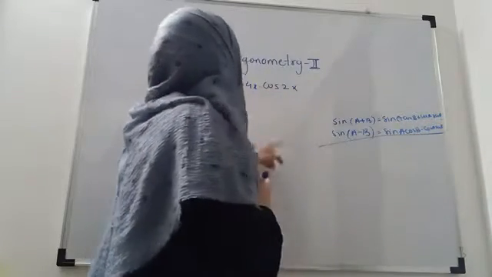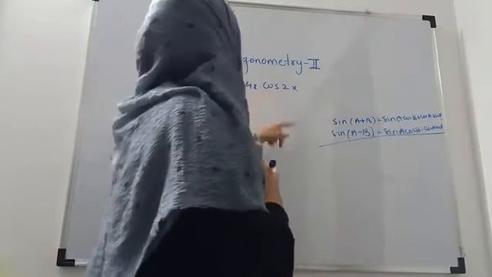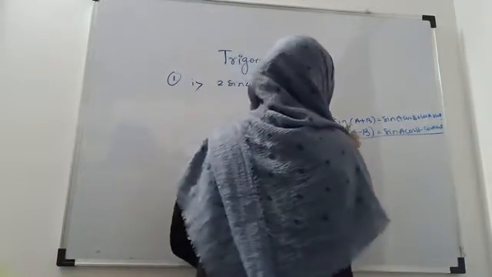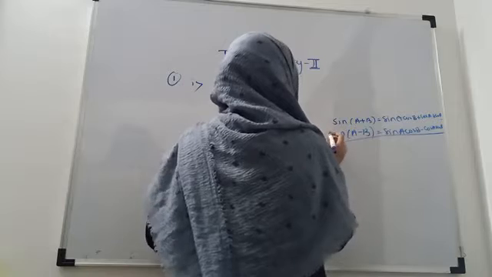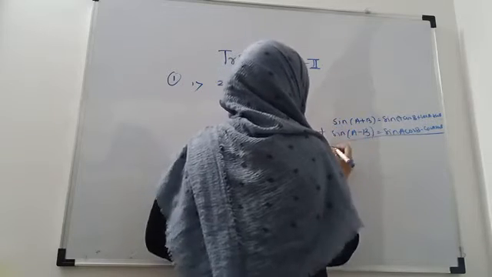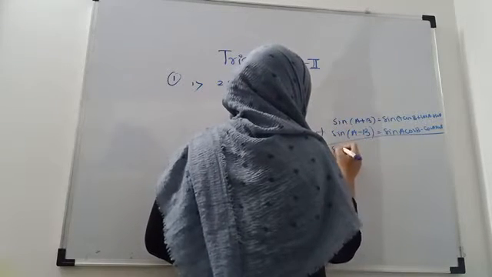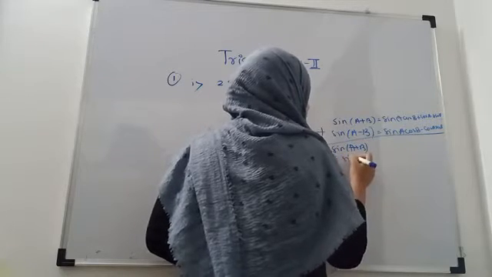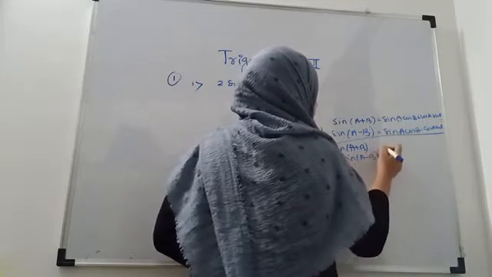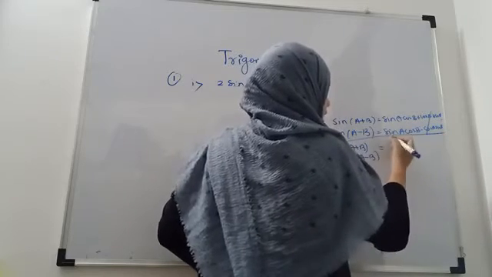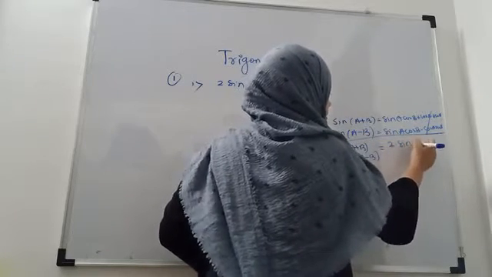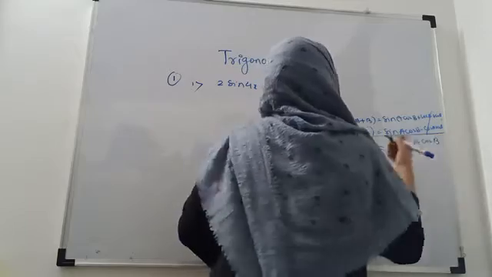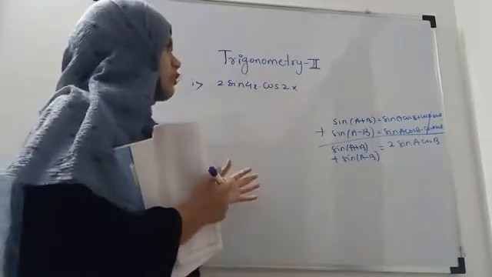Since we require the sin cos formula, we'll do the addition of these two. Here you get sin(a plus b) plus sin(a minus b), and this term will get cancelled and you will be left with 2 times sin a cos b, right? So this is the formula, we have seen this formula.